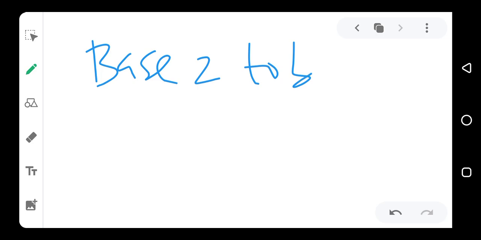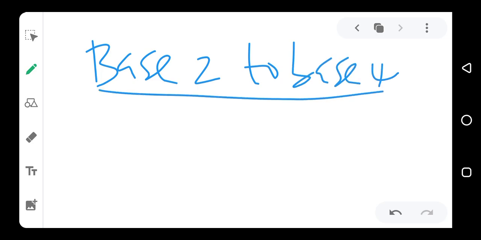From base 2 to base 4, if we are given any number that does not involve base 10 and we are asked to convert it to another base, what we are going to do is to convert the number given to us first to base 10, and then from base 10 we convert it to the base we want to get.